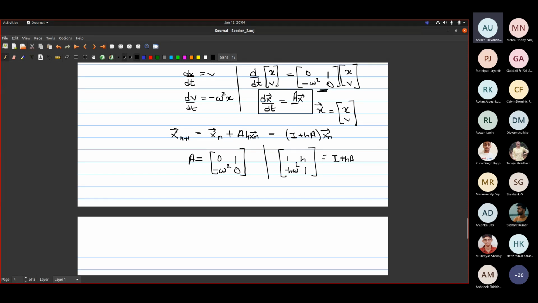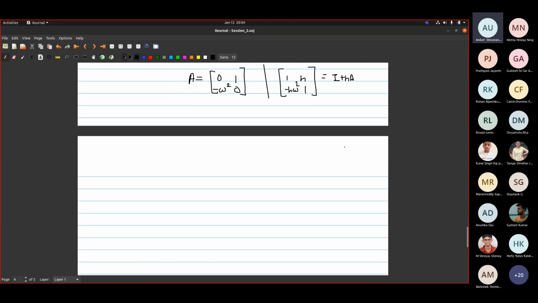And this matrix will precisely tell you why this algorithm did not work and will never work. If you take the determinant of I plus hA, it comes out to be 1 plus h squared omega squared. And this is not a good thing.